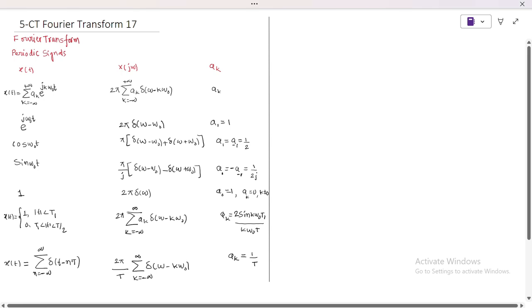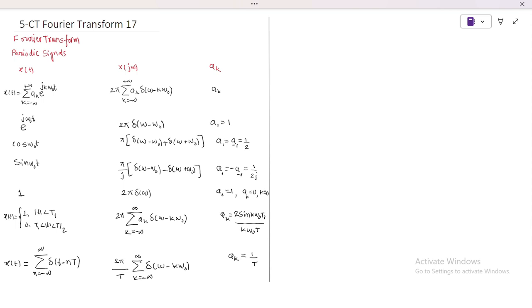See here, the signal in the time domain is an impulse train, and in the frequency domain also the signal is an impulse train. The Fourier transform of the impulse train is also an impulse train, but the magnitude equals 2 pi by T, whereas in the time domain the magnitude equals 1. That is the difference, so you should remember.